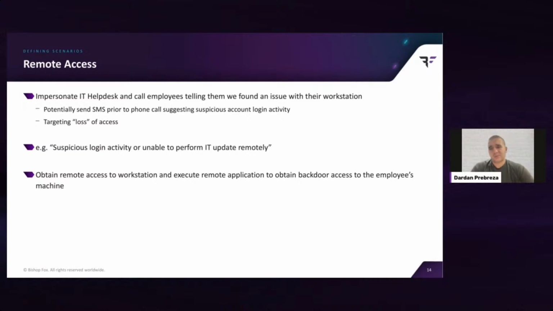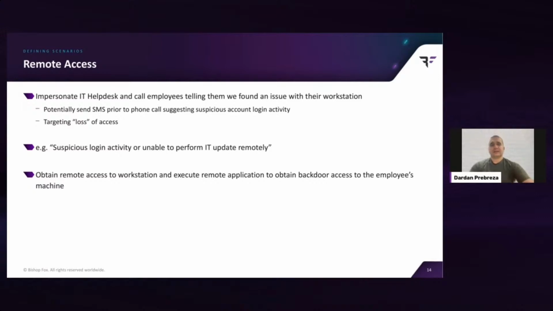Another potential scenario would be targeting remote access. So in this case, we do it the other way around. We impersonate the IT help desk and call employees, telling them we found an issue with their workstation. So potentially, we could also combine it with an SMS prior to the phone call, suggesting suspicious login activity.